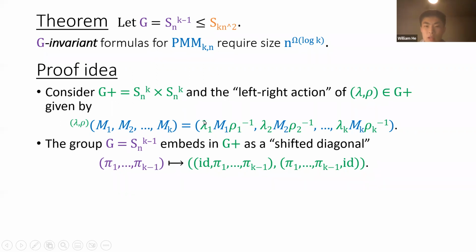The subgroup is those elements such that lambda 1 equals rho k equals the identity, and then rho 1 equals lambda 2, rho 2 equals lambda 3, and so on. So the action of G via the shifted diagonal is really the action of that subgroup under the left-right action. And this is that embedding.